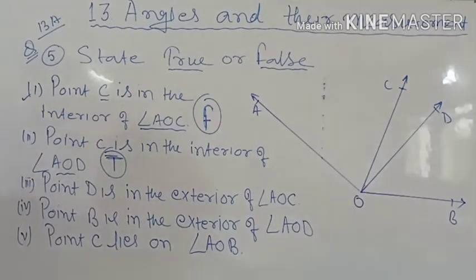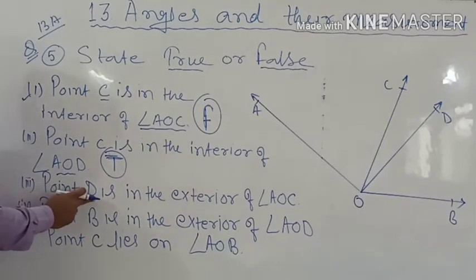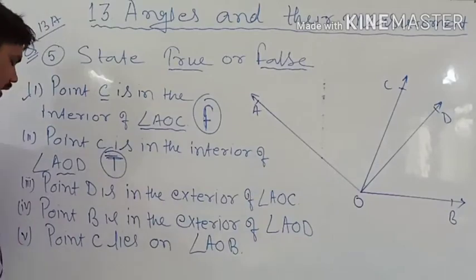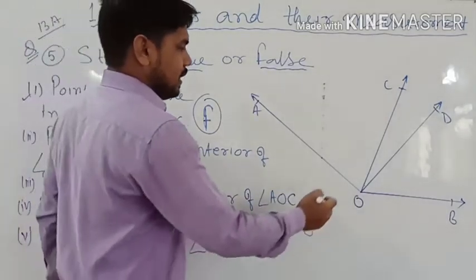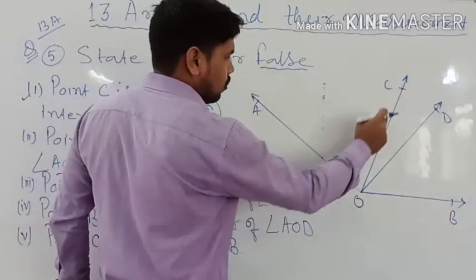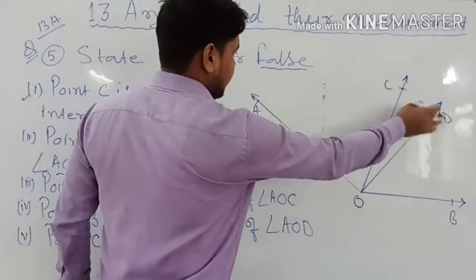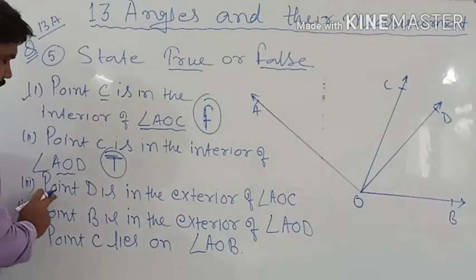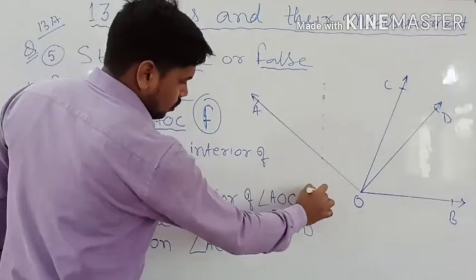Now the third one is asking: point D is in the exterior of AOC. Point D is here, and it is asking whether point D is outside AOC. Yes, definitely, it is exterior of AOC. So this statement will also be true.